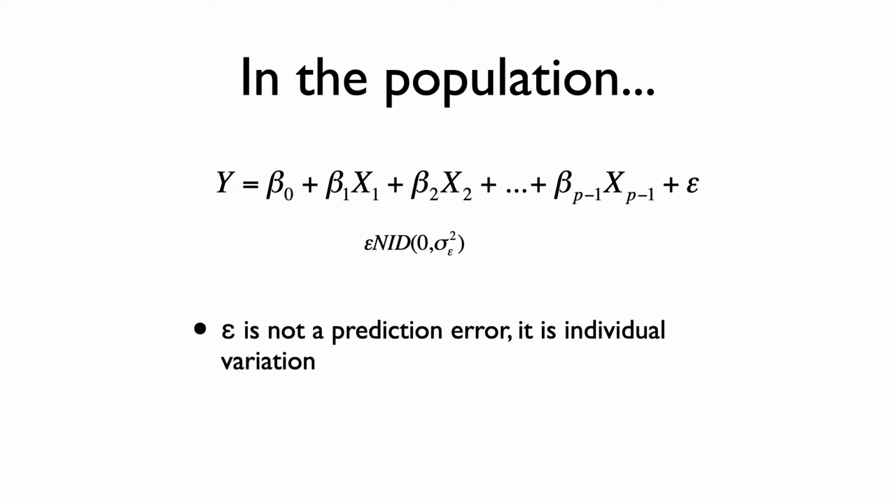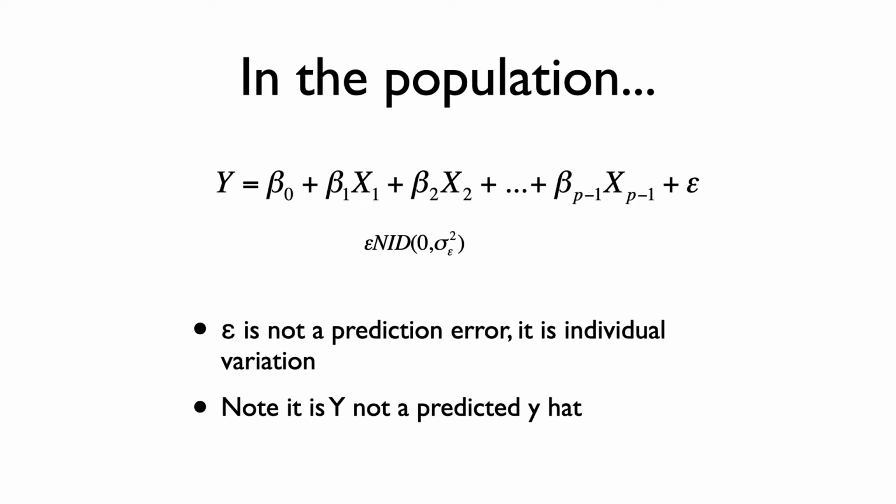Okay? So this is not prediction error here. In the model that's predicting a line, y hat, that's a prediction error. This is not that. This is residual. This is leftover variance that we haven't explained with all these betas. Again, this is not a predicted y.